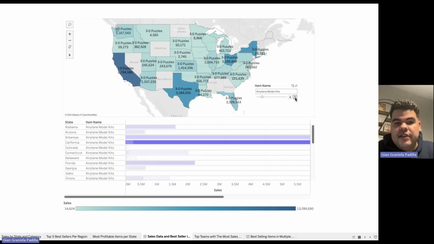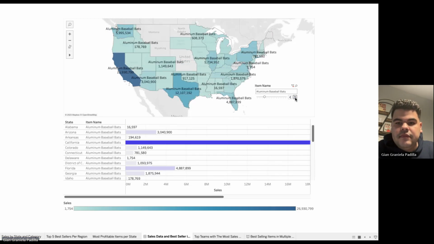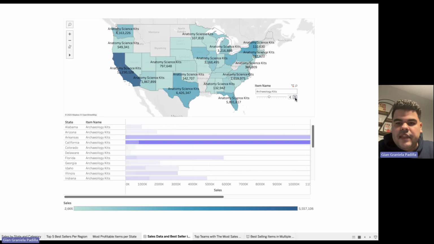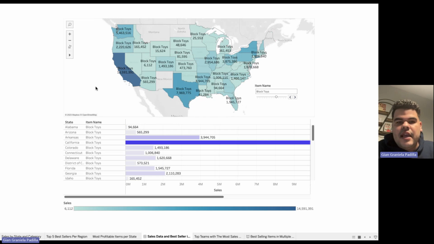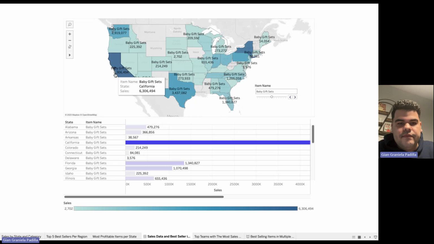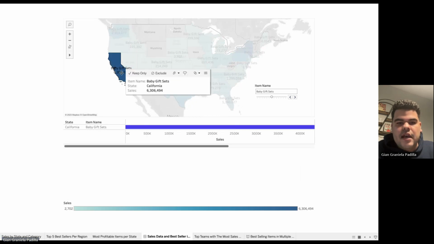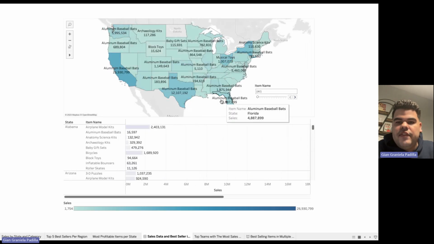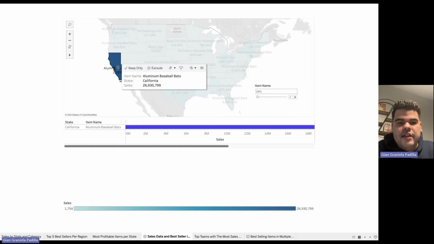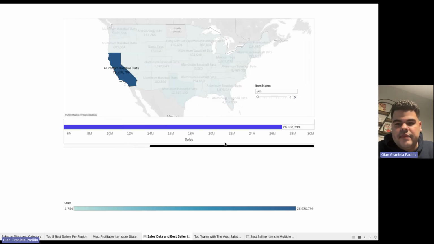And if you keep doing it, you get archaeology kits, baby gift sets, bicycles. When you click on a specific state, it's going to show you the item name, and when you are showing all the items and click on it, it's going to show you the best selling item in regards to sales.